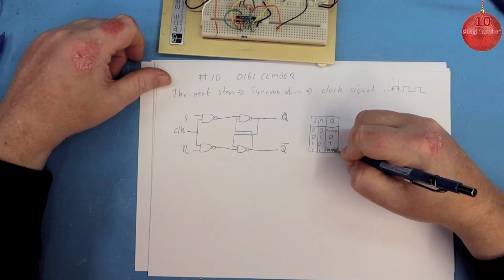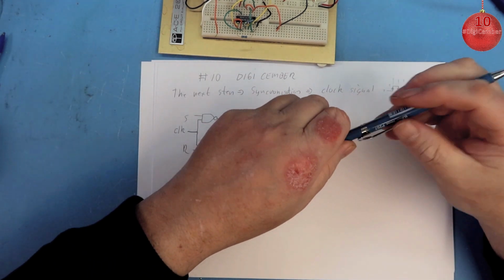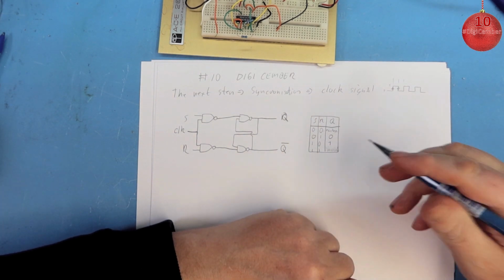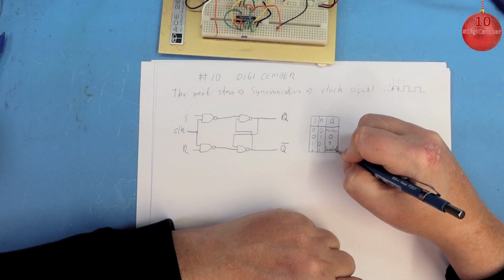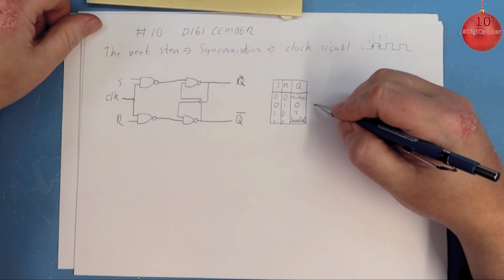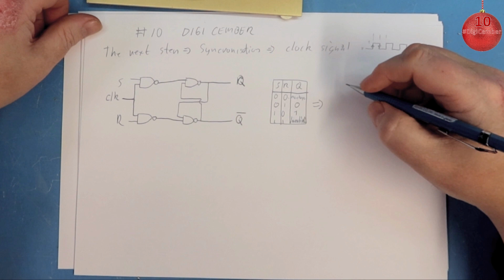Sorry for my invalid. I might be able to do better than that. Not sure, but I can try. Yes, so this was the truth table of the circuit we had yesterday, and we are introducing something new.